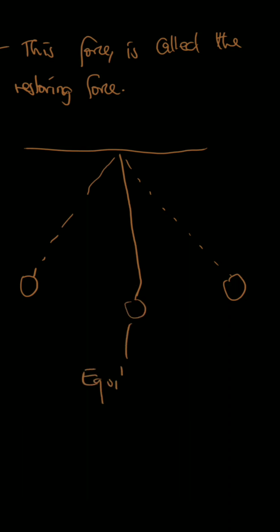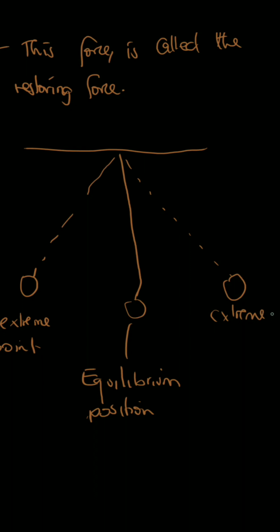This is the equilibrium position, which can also be called the mean position. Then we have the extreme position and another extreme point. These are the furthest points reached by an object oscillating back and forth.